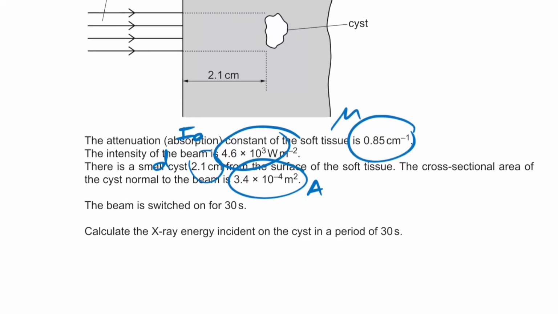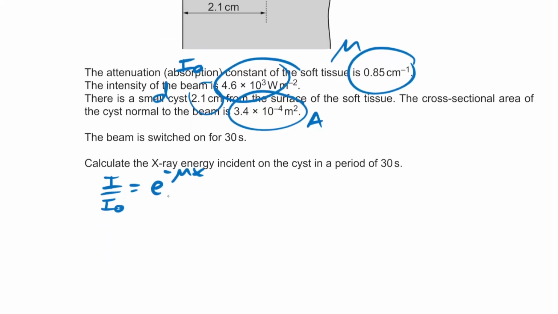Okay, first things first, we're going to have to get our intensity equation for attenuation. That is I equals I0 e to the minus mu x. We are looking for I, so I'm going to pop that in there.